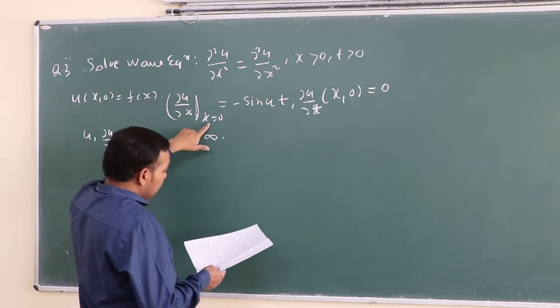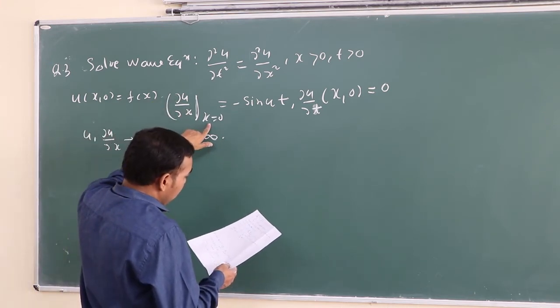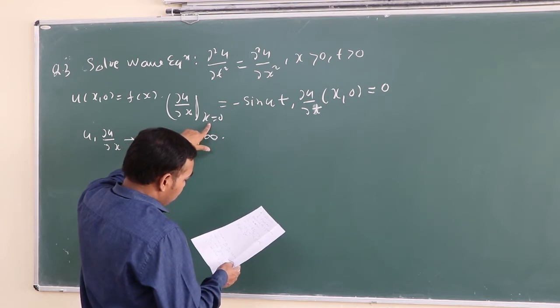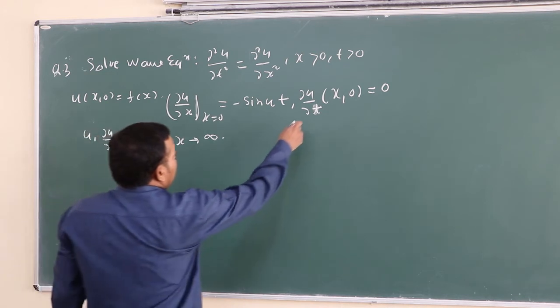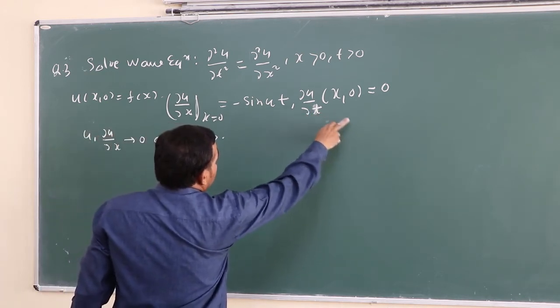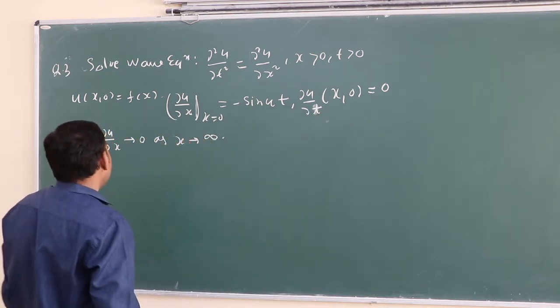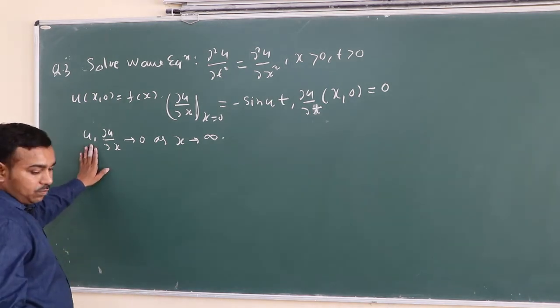This is the boundary condition at x equal to 0. At x equal to 0, this is minus sin 4t, and del u upon del t at (x,0) equal to 0 is also given.